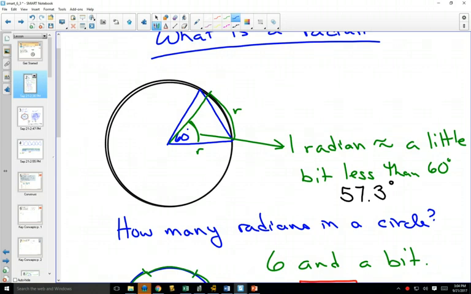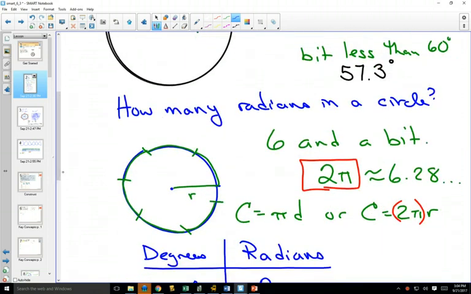What's neat is, sorry, you don't realize that when I teach you math, sometimes in my head I'm doing other math at the same time. One of the little math things I did in my head before was, when we said 6 and a bit, and we got 2 pi, and someone said it's 6.28, it was like, so that's what a bit is. A bit is 0.28.